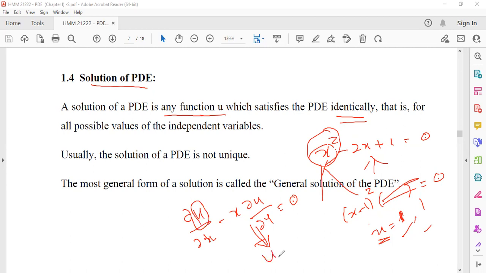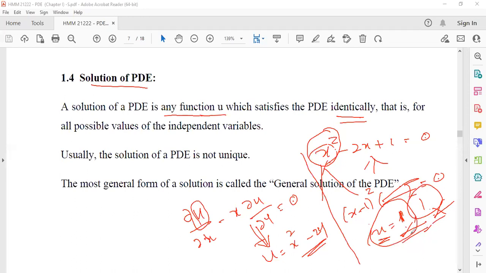Whatever we get, for example, my answer is 2y, the solution won't contain u itself. In an algebraic equation, the solution is a scalar.